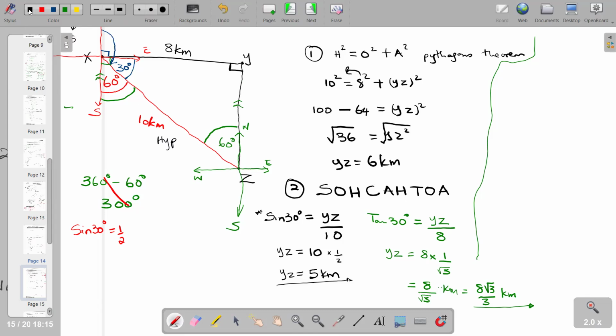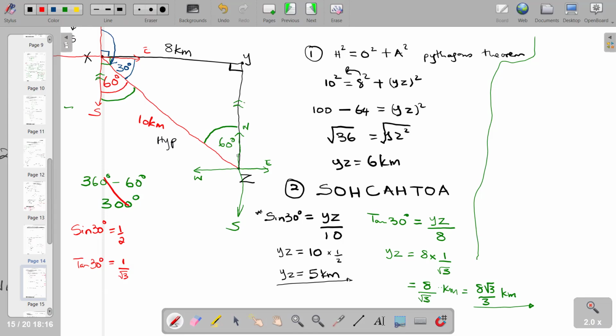So always take note that we said it is a special angle. You have to always know that tan 30 degrees is equal to 1 over root 3. So if we use 60 degrees as our reference angle, which ratios use this side?